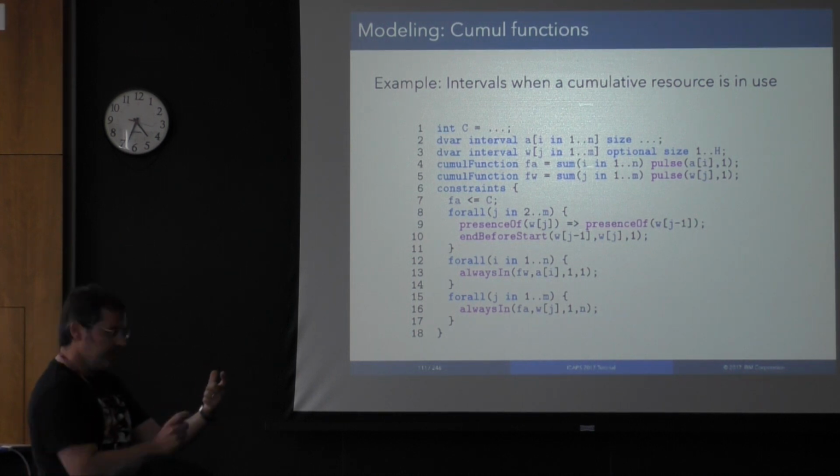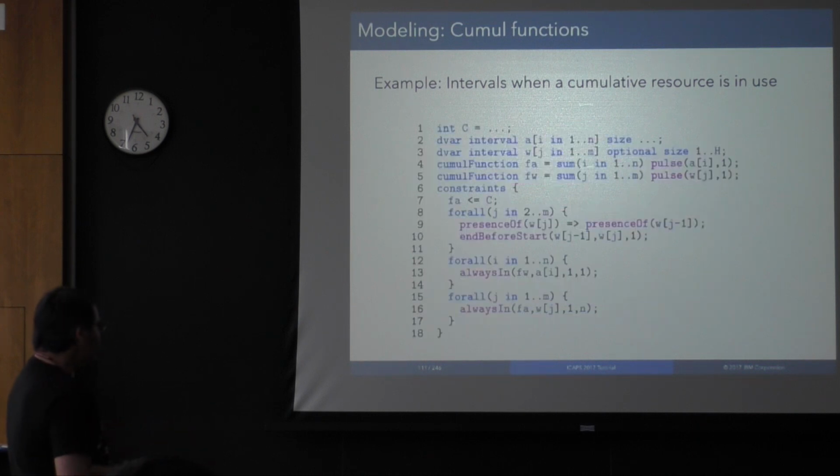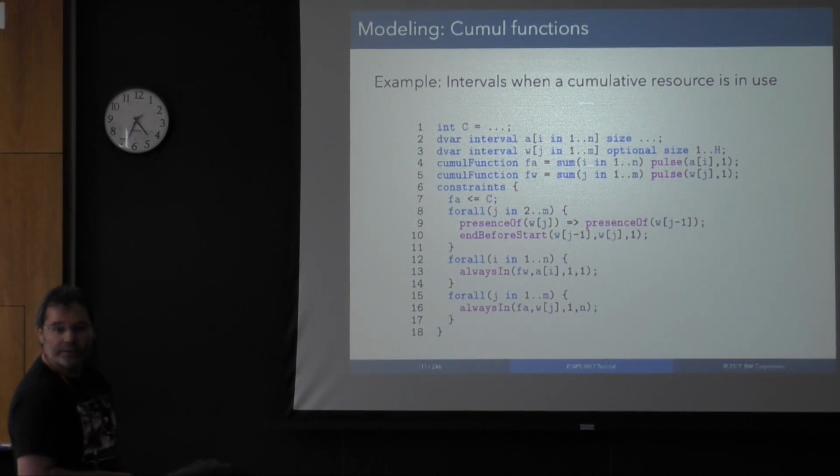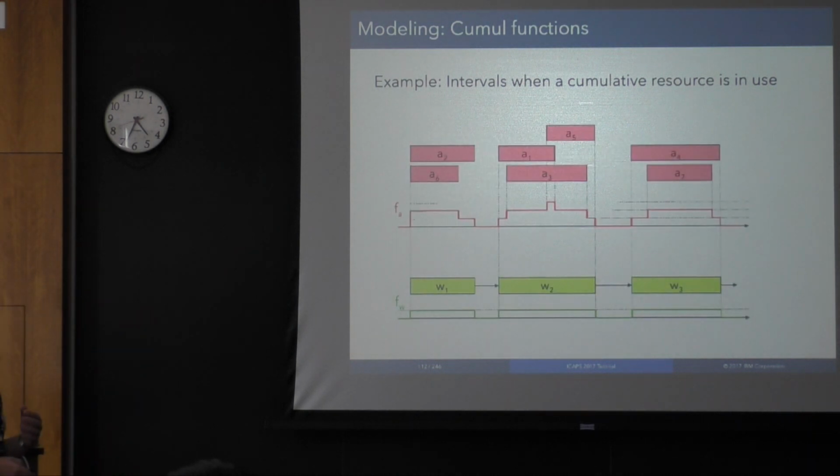If you have an activity working, the green cumul function, you don't want it to be 0. You want a working interval to be executed. And here, for each of these working intervals, you want that if you are in a working interval, then there is at least one activity executing at this time. So this model is this kind of thing.